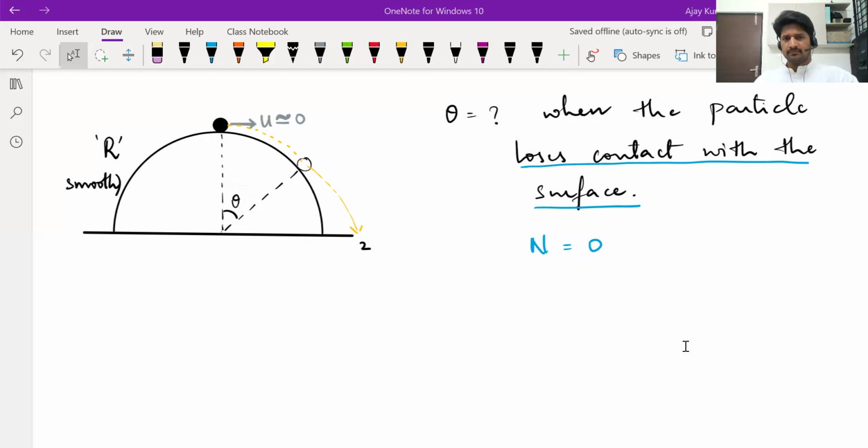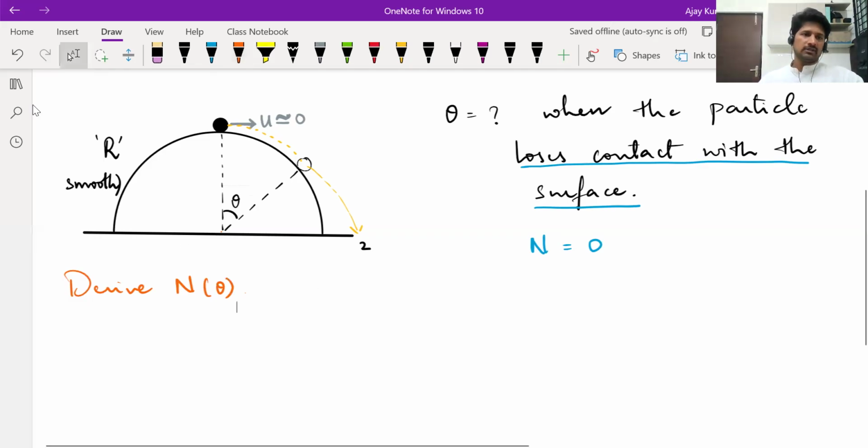Sir, N minus mg cos theta equal to mv square by r. Okay, you want to write the equation for centripetal force. Good. So the question now is to calculate the angle theta where the normal force becomes 0. So effectively what you now need to do is derive normal force as a function of theta. And then you put N equal to 0 in it, you will get theta.